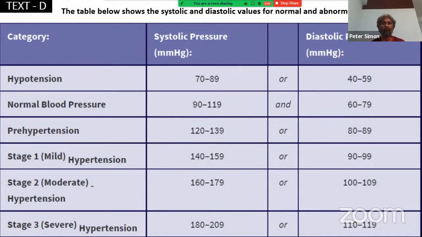Paragraph number 4. So here, write the labels: categories, types, kinds, classes, varieties, styles, manner, degrees, levels. All these things you can see. Now you can see systolic pressure, diastolic pressure.